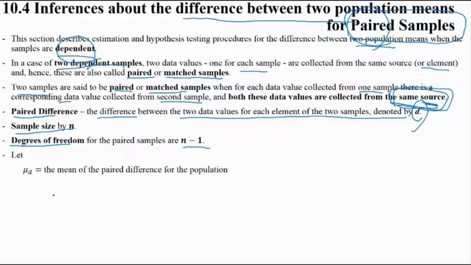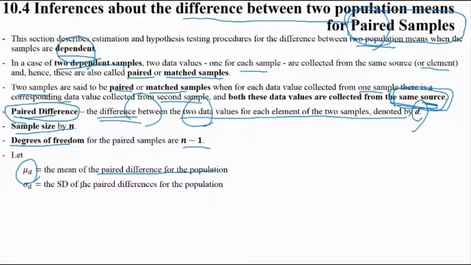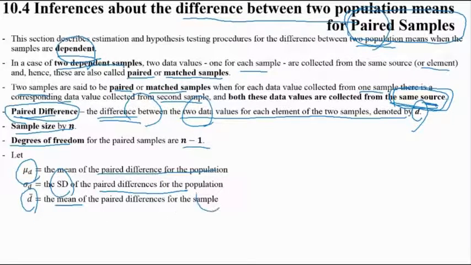Let's define using D. D means a paired difference, the difference between the two samples. So mu D is the mean paired difference of the population, sigma D is the standard deviation of the paired difference of the population, and D bar is the mean of the sample. Before we had X bar; now it's the paired difference, so we use D. We're not using X or S anymore.